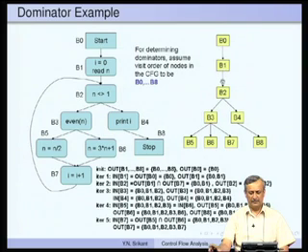For example, B1 dominates all these nodes, but it does not dominate B0. You can easily see that B3 dominates B5, B6 and B7. All these three are children of B3, and therefore this dominator information is very compactly represented in the tree.